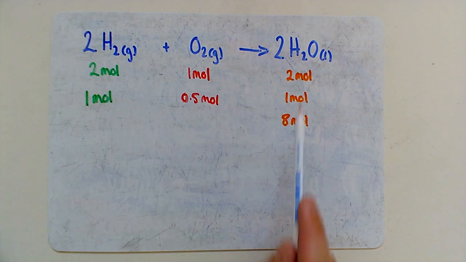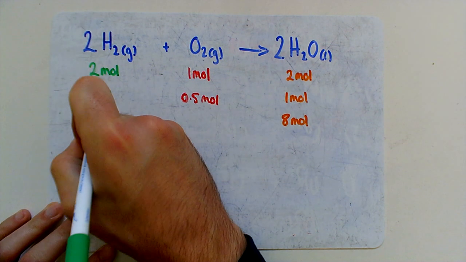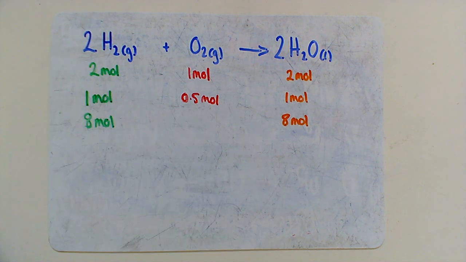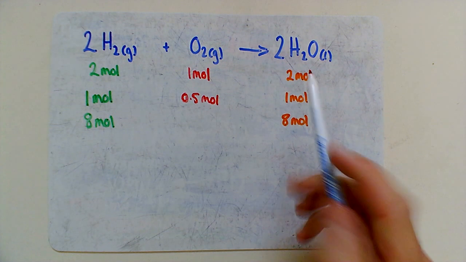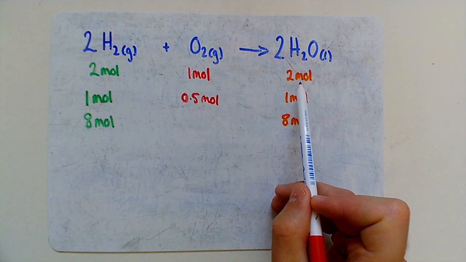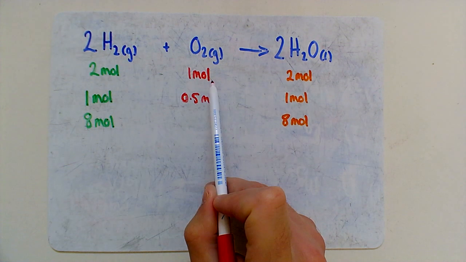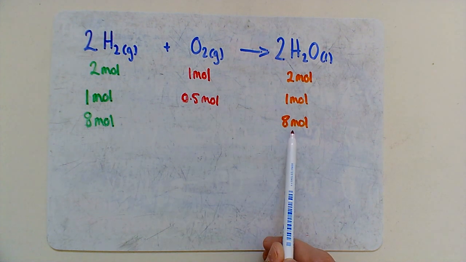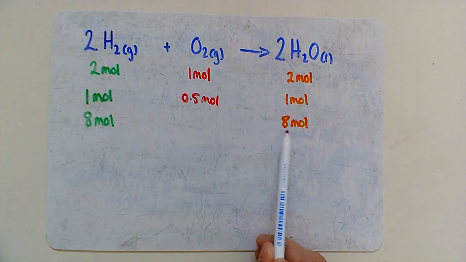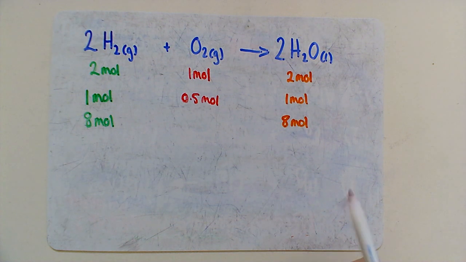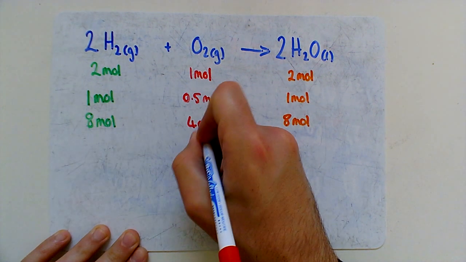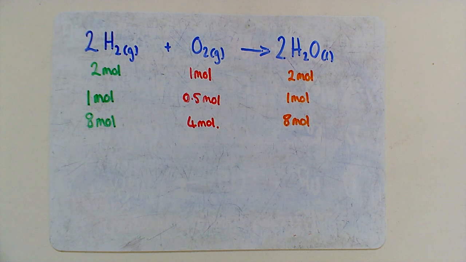So these two numbers are the same, and we're going to need 8 moles of hydrogen. For every 2 moles of water, we need 1 mole of oxygen. So that's half. So what we need to do is half that. 8 times a half is 4 moles. So that's where we get different ones.